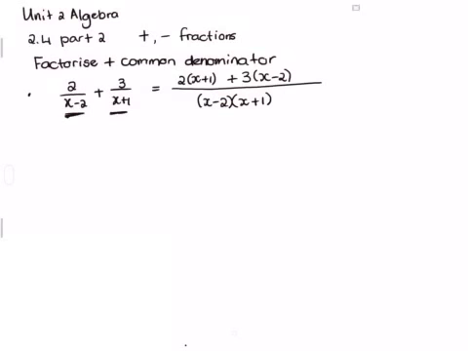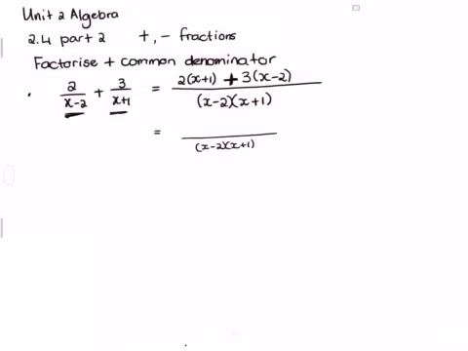Can you see that once again you need to know your rules of adding fractions with numbers? Right, the denominator we are not going to multiply out. We will leave it like this all the way to the end. The numerator we have to multiply because this plus says I've got 2 terms.